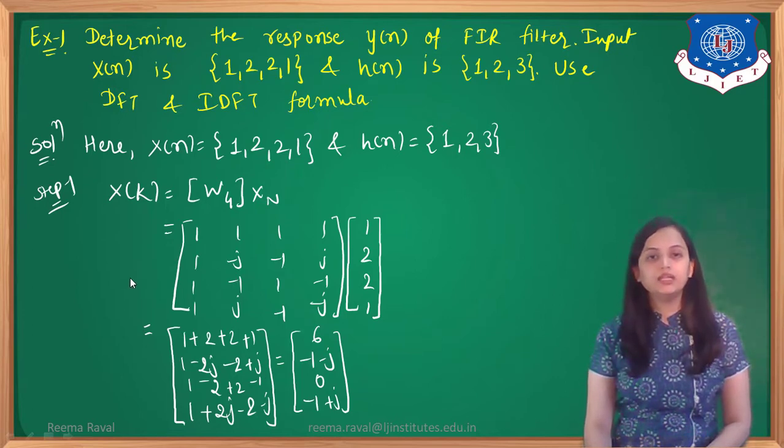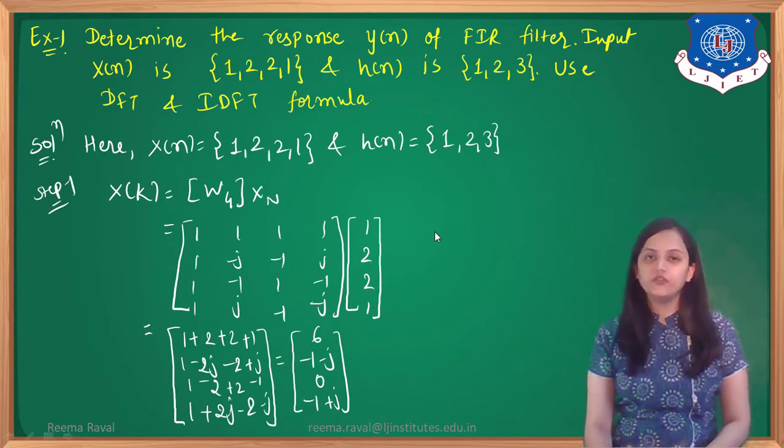Same way now we multiply third row with this column for the respective values. So we'll get 1 into 1, 1, minus 1 into 2, minus 2, plus 1 into 2, 2, minus 1 into 1, minus 1. And the fourth row will be 1 into 1, 1, j into 2, plus 2j, minus 1 into 2, minus 2, minus j into 1, minus j.